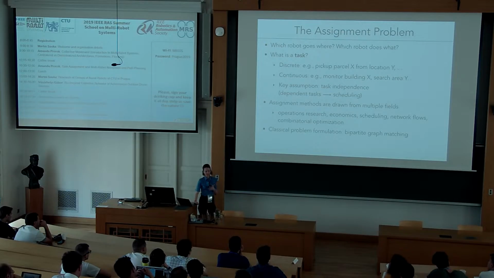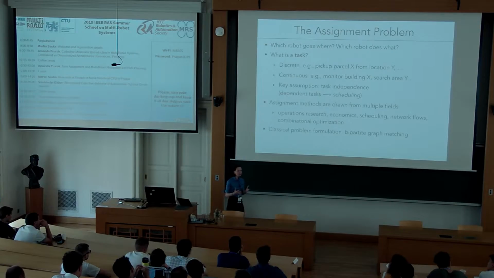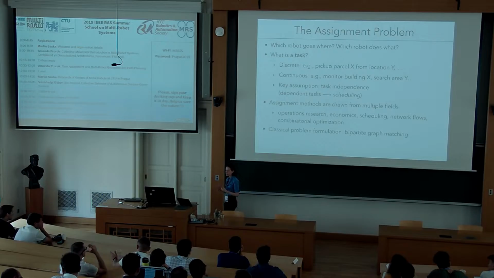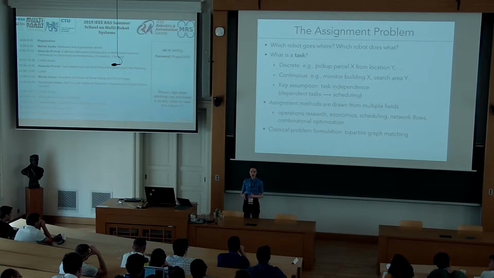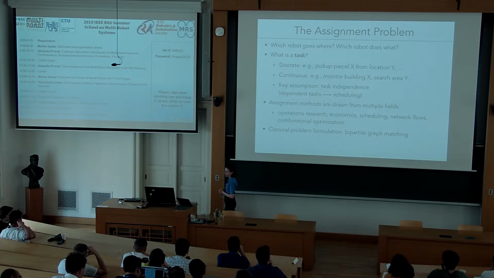We can think of discrete tasks, where a robot can go and pick up a parcel. This is a discrete event that needs to happen. A robot should go from A to B. Or it could be a continuous event, where we have this area that needs to be monitored continuously, and we need a robot or some robots to be doing that throughout time without interruption.